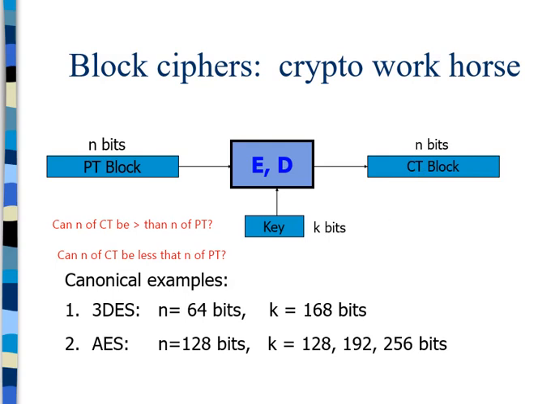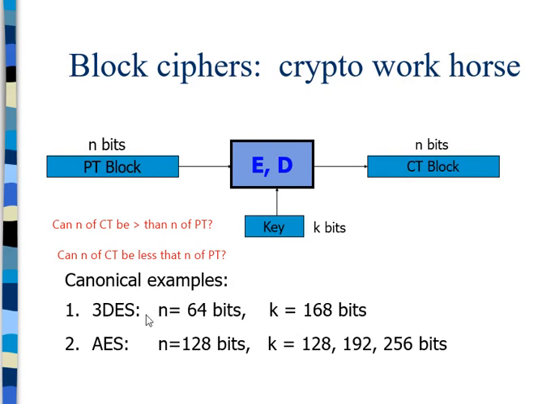Hence it is essential to consider n bits equal to the block size in each part, plain text and ciphertext.